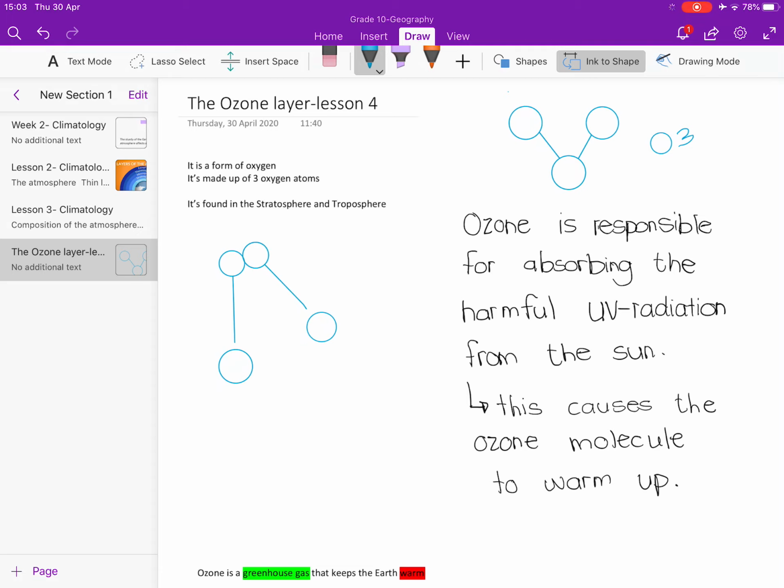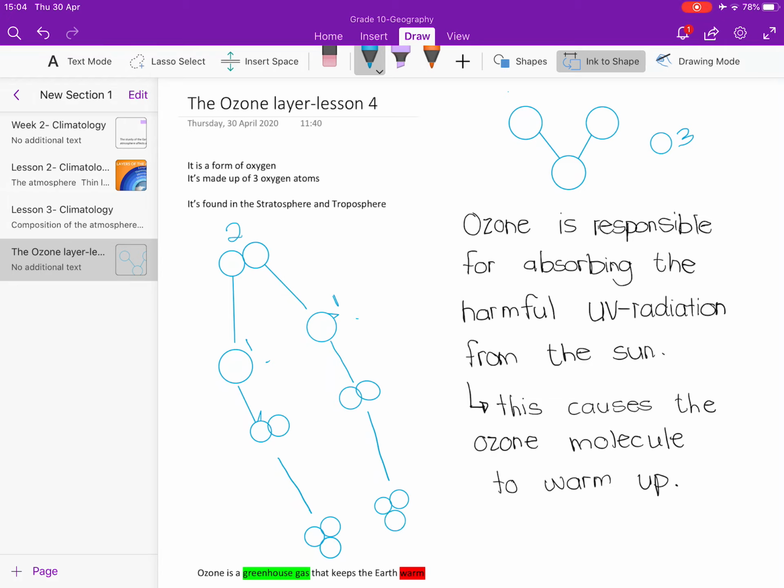Each one of these single atoms joins up with other oxygen molecules. So in the atmosphere, there's more oxygen floating around. These single atoms join up with the pairs and form ozone molecules.